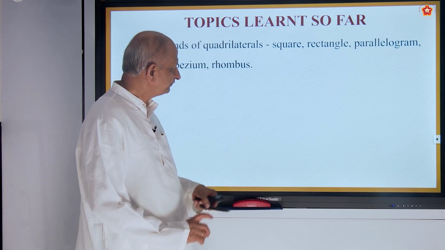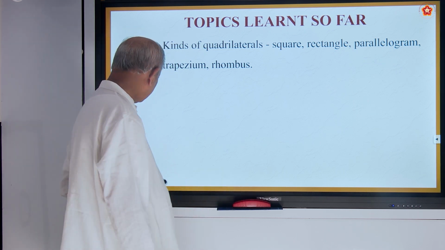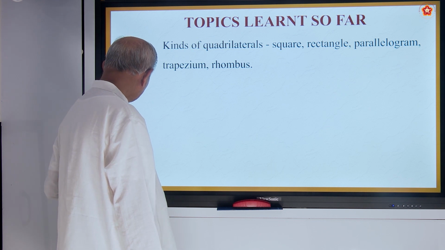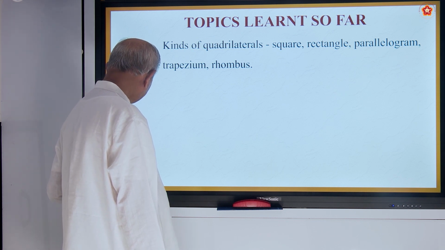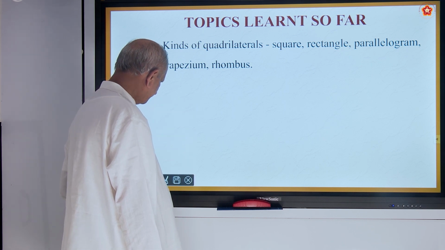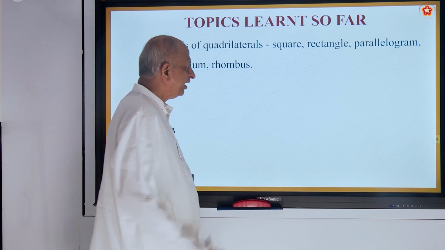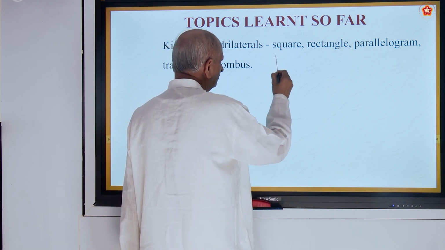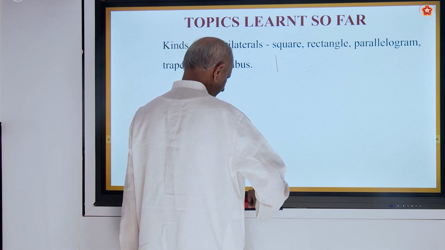And rectangle is another special kind of quadrilateral having opposite sides equal and all the angles are equal to 90 degrees.